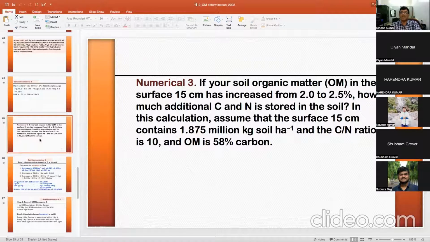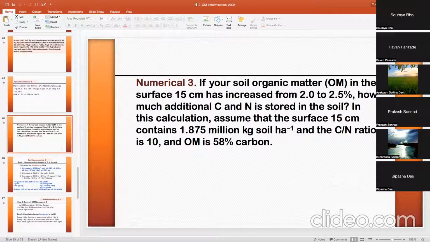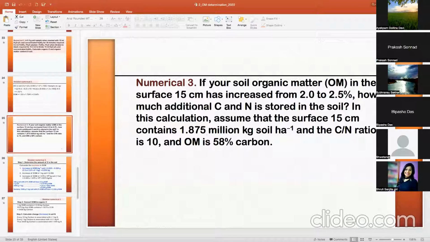Is this question clear to you? Can you do it or you can't do it? Anybody? Yeah, Shruti, can you do this question? Shruti?